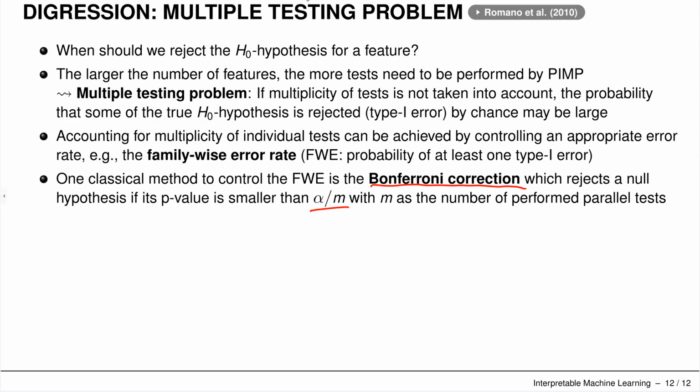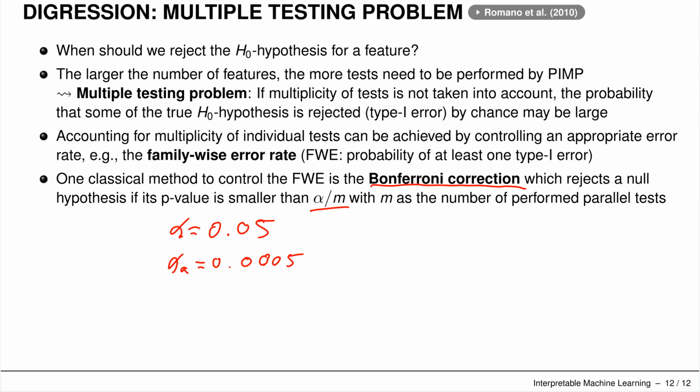So if, for example, you have 0.05 and 100 features, then your unadjusted alpha is 0.05 and your adjusted alpha now might be 0.0005. So now the p-value would have to be smaller than 0.0005 to be considered significant. Or, and that's actually exactly the same, you could also just multiply the p-value by n.